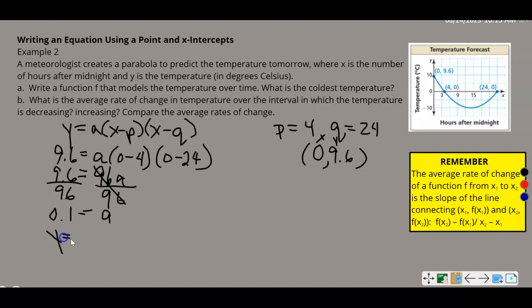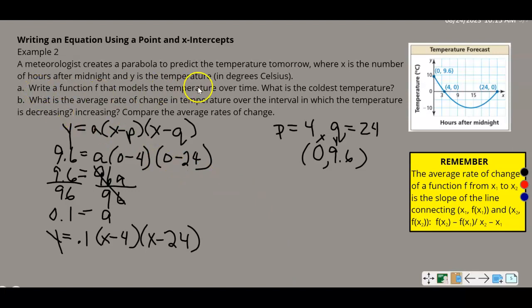So we have y equals 0.1 times x minus 4 and times x minus 24. All right, so if you wanted to write this in a different form, you could, but it's fine to leave it like this. All right, now let's look and see what the question is that we have to answer.